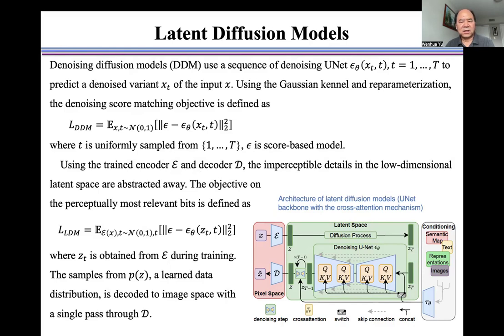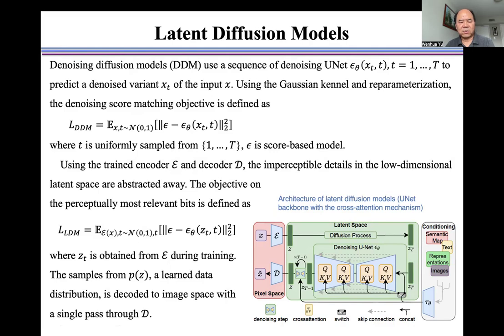Using the trained encoder E and the decoder D, the imperceptible details are abstracted away in the low-dimensional latent space. The objective on the perceptually most relevant bits is defined as here, where zt is obtained from E during training.